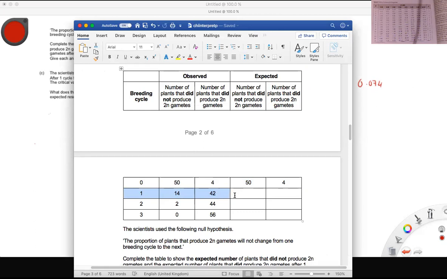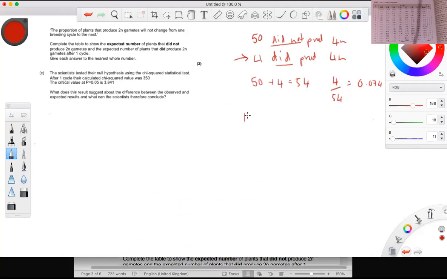So we want to know what the expected values for that breeding cycle should have been. In order to do that, we first need to know the total number of plants that were used in the investigation, because the investigation is the observed. So 14 plus 42 is equal to 56. So they used 56 plants to get the observed value.